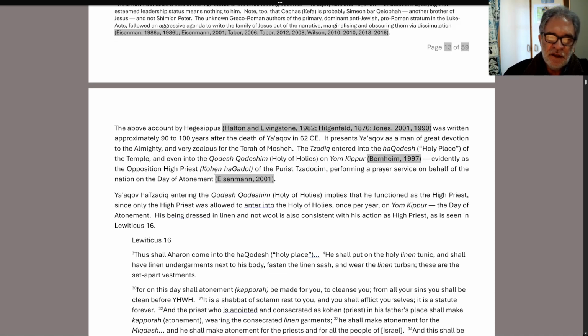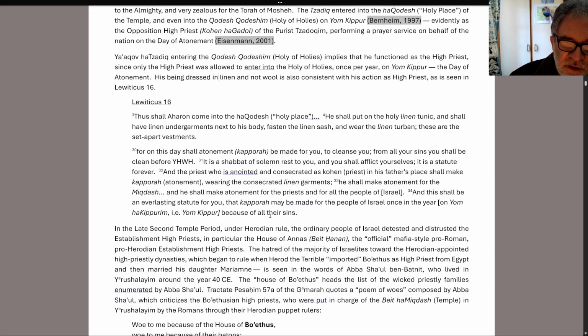Being dressed in linen is also indicative that this is a Yom Kippur Avodah. If we read in Vayikra, Leviticus, chapter 16, we see that the Kohen Hagadol entered the Kodesh Kodeshim on Yom Kippur wearing a linen tunic.